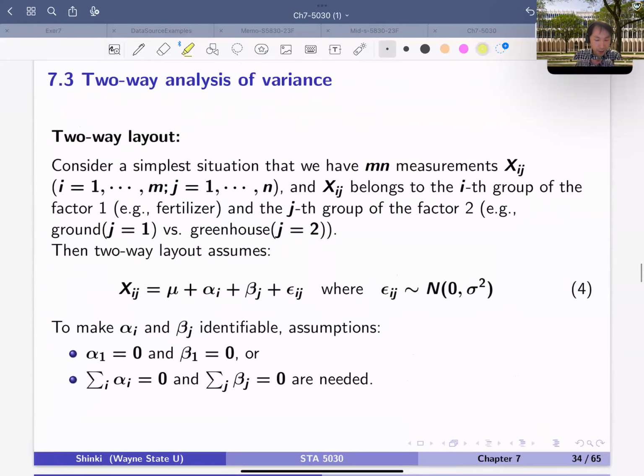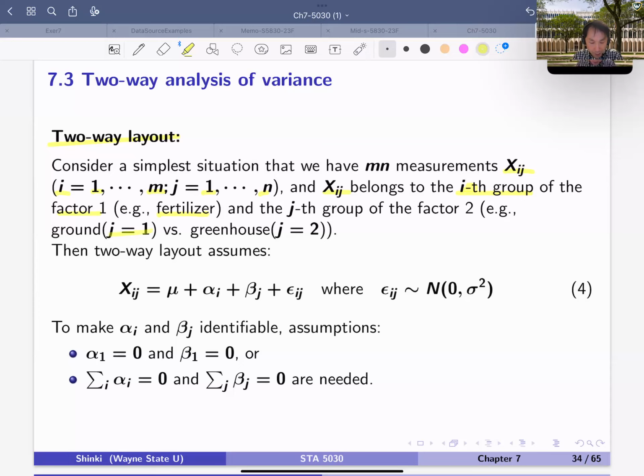So the model is here, the two-way layout. Consider a simple situation where we have m times n measurements, xij, with i equal to 1 to m, and j equal to 1 to n. The xij is the value of the response variable, belonging to the ith group of factor 1, the ith fertilizer, and the jth group of factor 2.